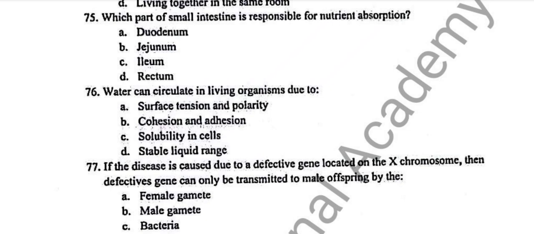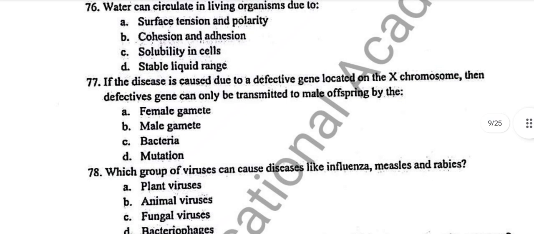Question number 77. If the disease is caused due to the defective gene located on the X chromosome, then the defective gene can only be transmitted to male offspring by the A. Female gamete. B. Male gamete. C. Bacteria. D. Mutation.